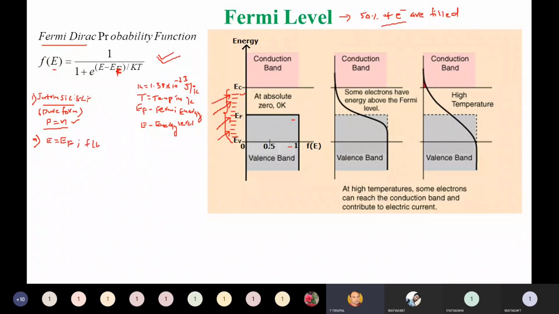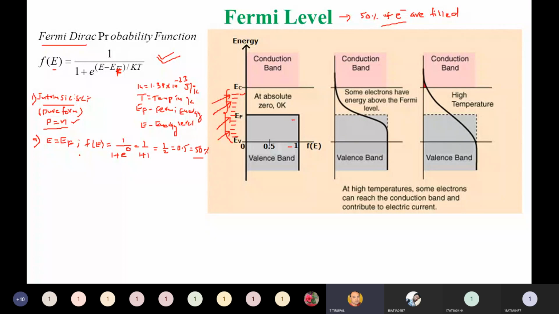F of E is equal to 1 by 1 plus e power (E minus EF). Both are equal, so it cancels and becomes 0. E power 0 is 1. 1 by 1 plus 1 is 1 by 2. That is equal to 0.5, which is 50%.